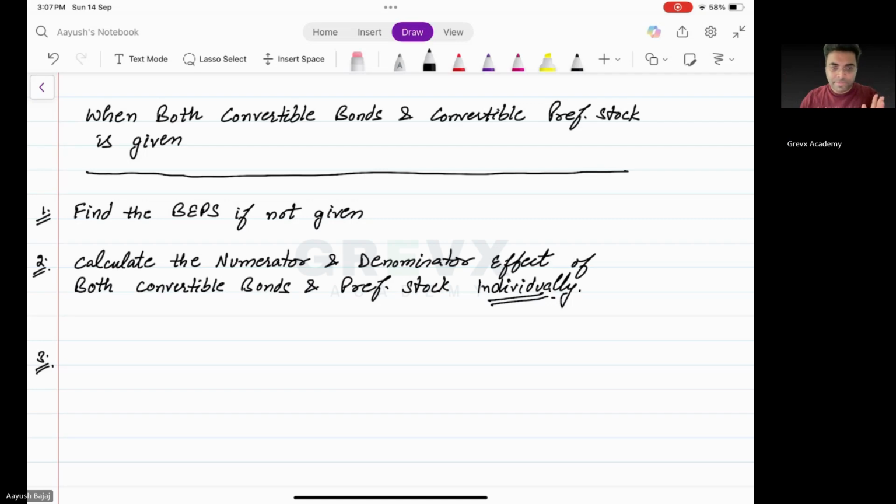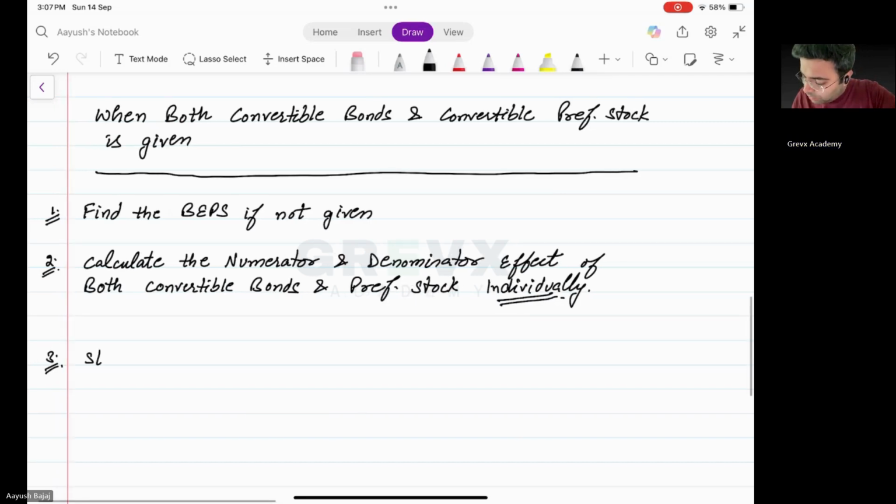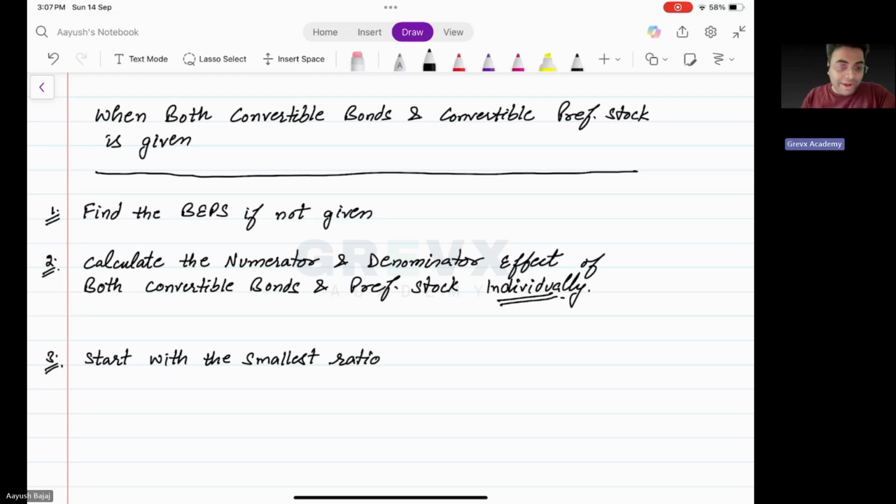Now, we will start with the smallest ratio. We will start with the smallest ratio of step two. You are doing this individually for bonds also and for preferred stock also.